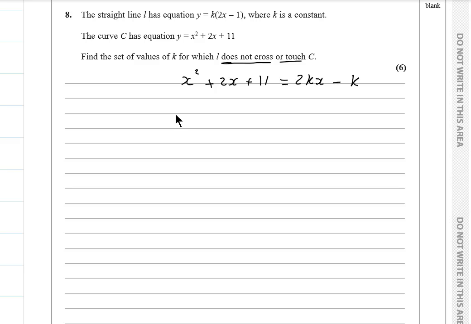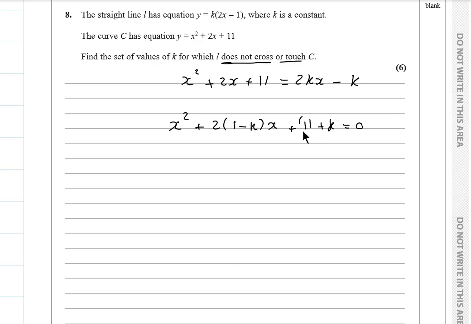And then we can write it as x squared plus, I will take 2x as a common factor, okay? And then we will have here 1 minus k, right? x, and then plus 11 plus k equals 0, okay?